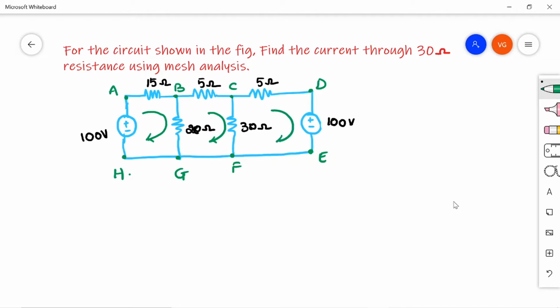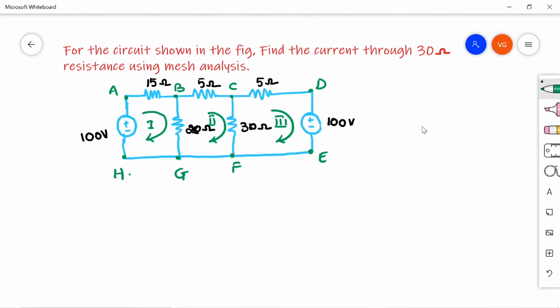Then this is my third loop, that is C, D, E, F, C. Or else without nodes also you can mark simply as loop 1, loop 2, loop 3. Loop analysis or mesh analysis. So these are the 3 meshes I have.